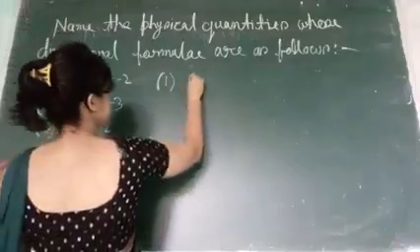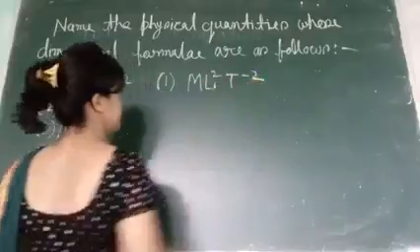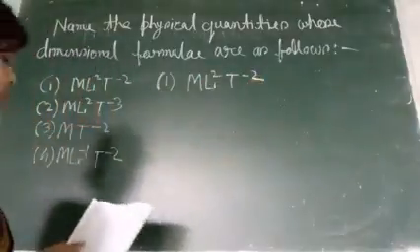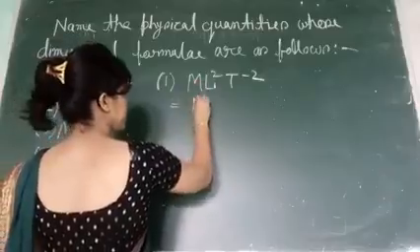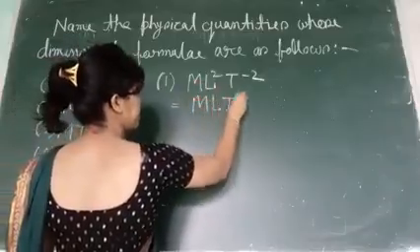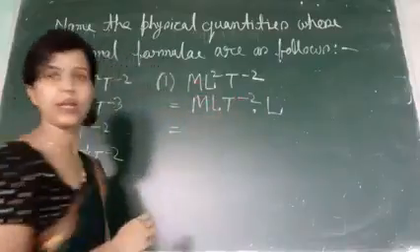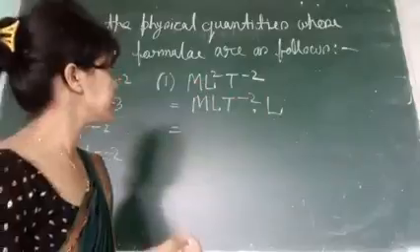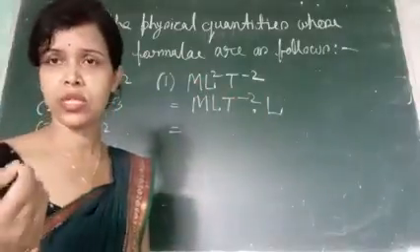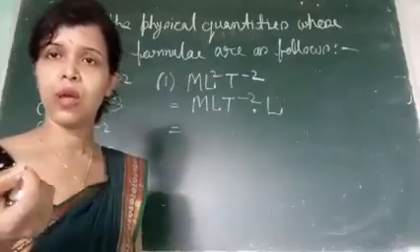The dimensional formula given is M L square t to the power minus 2. We can write this dimensional formula in this way also: M L t to the power minus 2 into L. We already know that M L t to the power minus 2 is the dimensional equation for force.